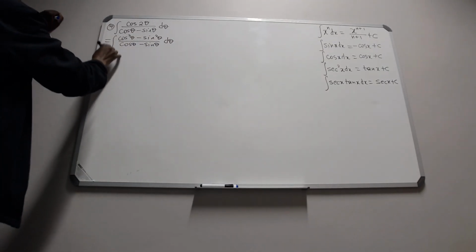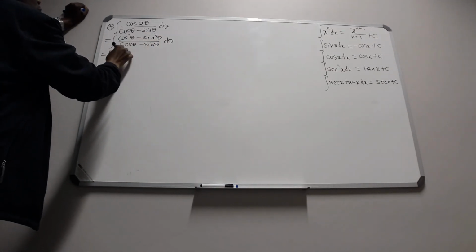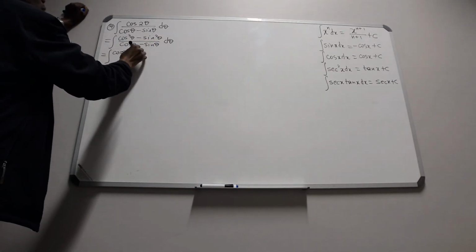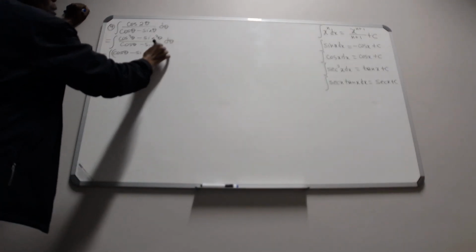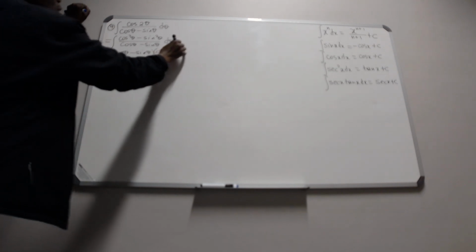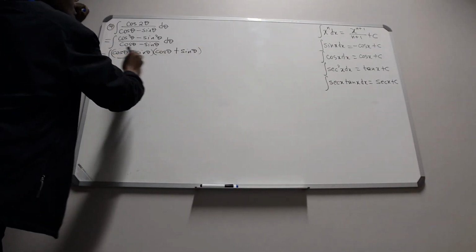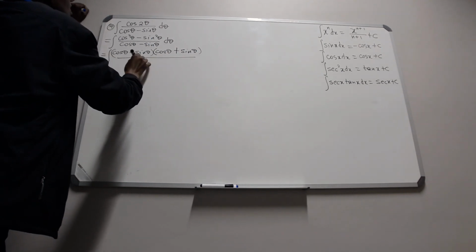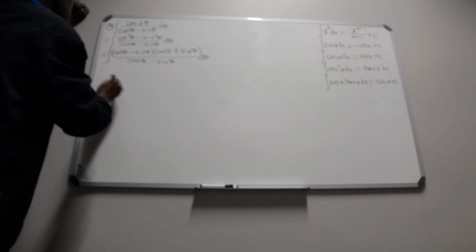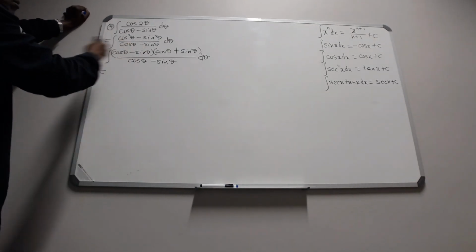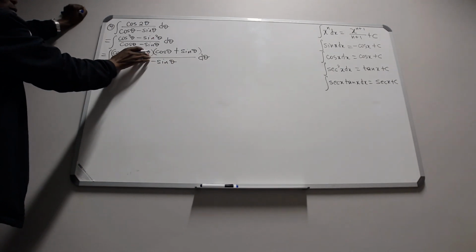And this is equal to the integral. We can factorize this. This is cosine of theta minus sine of theta into cosine of theta plus sine of theta over cosine of theta minus sine of theta d theta, like that. Then we can cancel out this expression with that one.